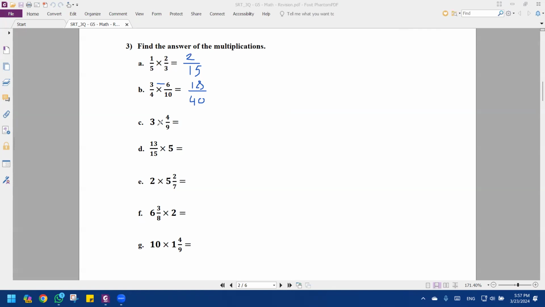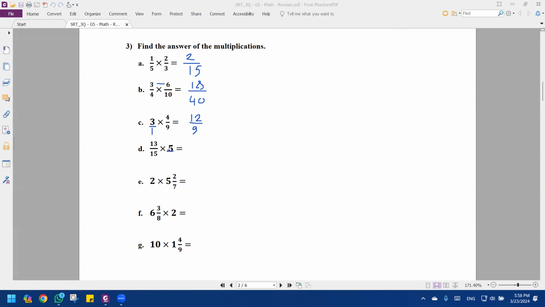So we can make it a fraction, by the way. We make it over 1. Now it becomes a fraction. So all integers or normal values, you can make them a fraction by dividing them by 1, over 1. Now I do 3 times 4, 12. 1 times 9 is 9.